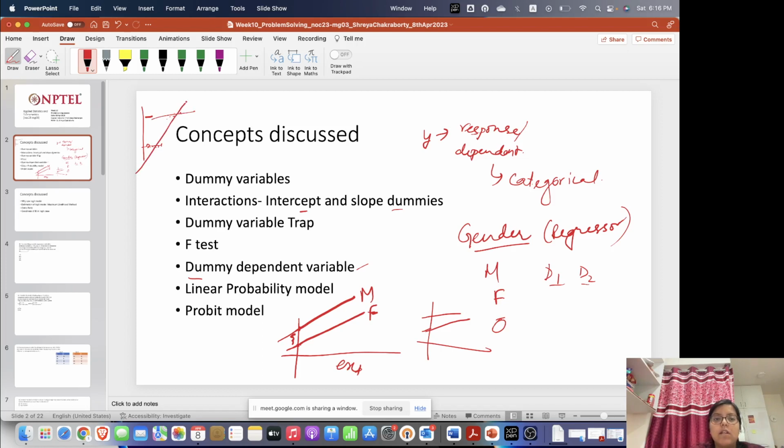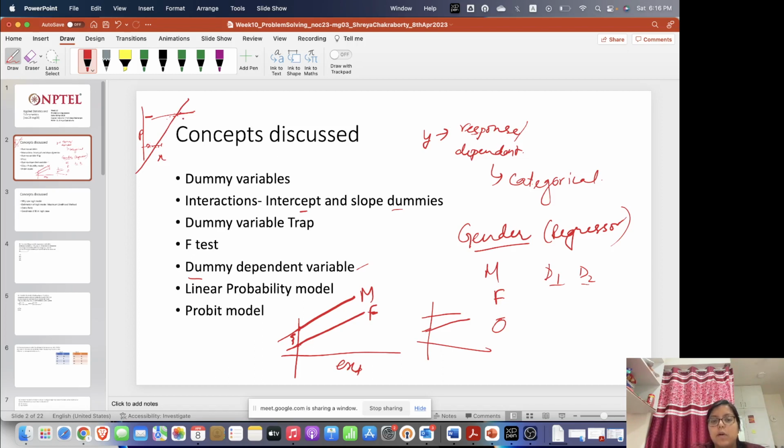So the normal OLS regression would not work, because we could have certain predictions which fall outside the range. If this is the predicted probability and this is x, it would not be a wise decision to cap it and make this bounded between 0 and 1. So we would make certain transformations.